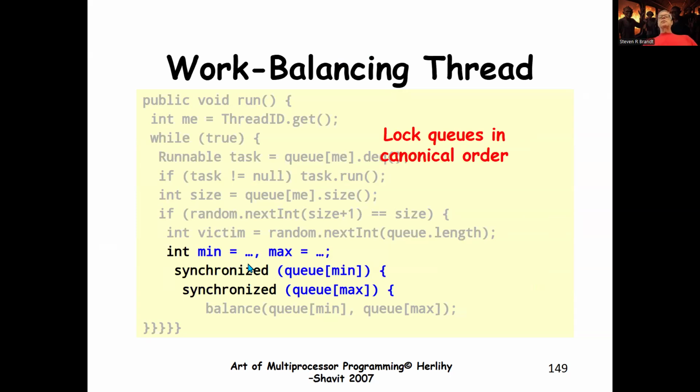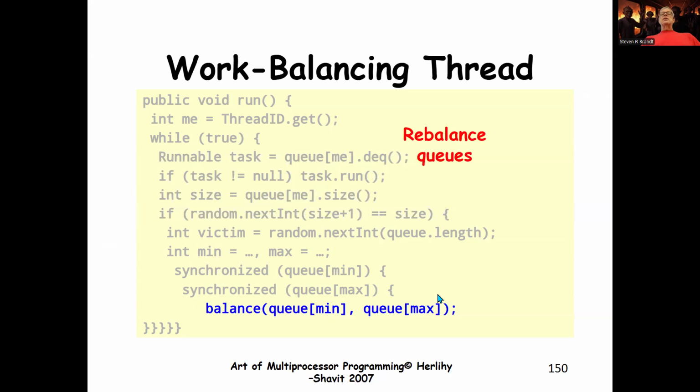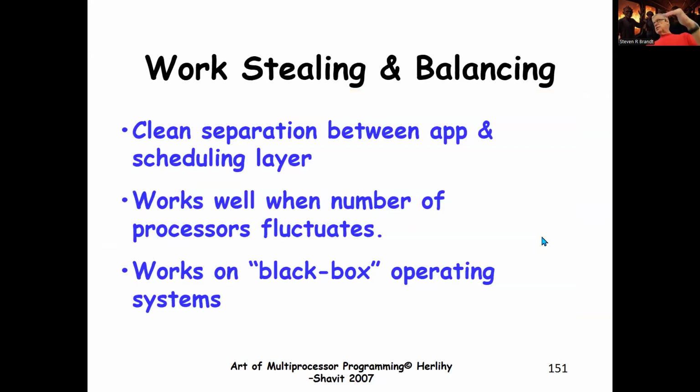So then you get the minimum and maximum of your thread ID and the victim's, and then you lock both in canonical order. And then you can call this balance method. And the balance method will adjust it so you both have the same amount of work. And with work stealing and balancing, you have a clean separation between the app and the scheduling layer.